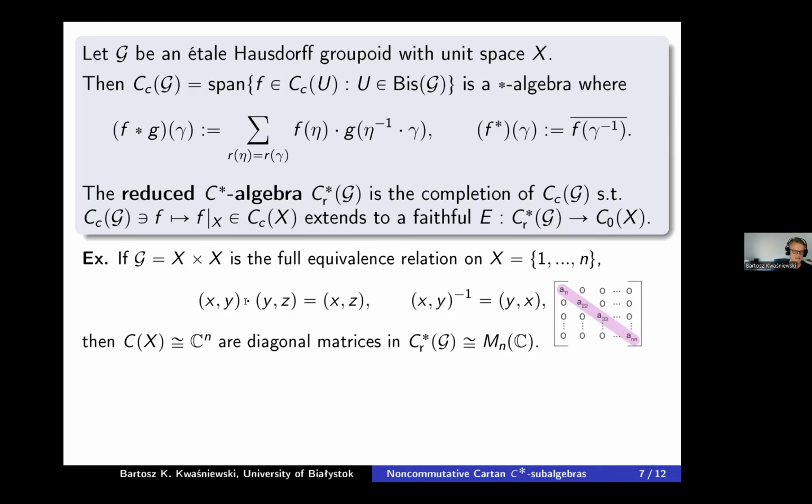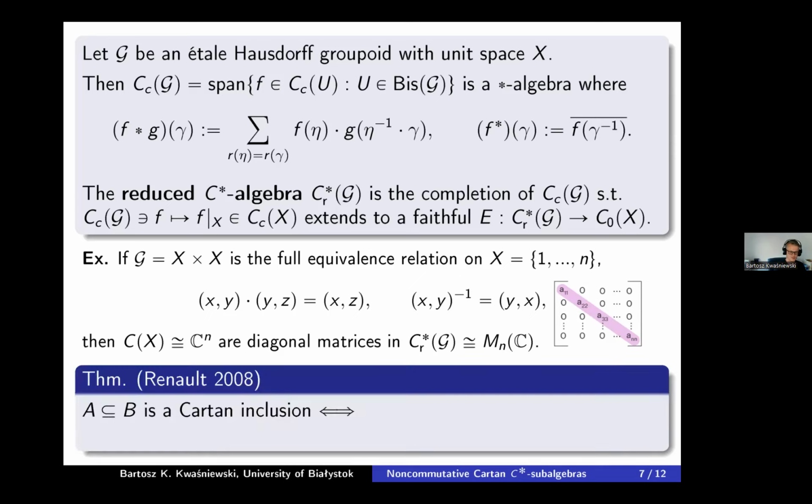If we plug this groupoid product into this formula, then we recover just the matrix multiplication here. And this is just taking adjoints of a matrix. And then this inclusion of C_0(X) into the reduced algebra recovers the inclusion of diagonal matrices into the algebra of matrices.